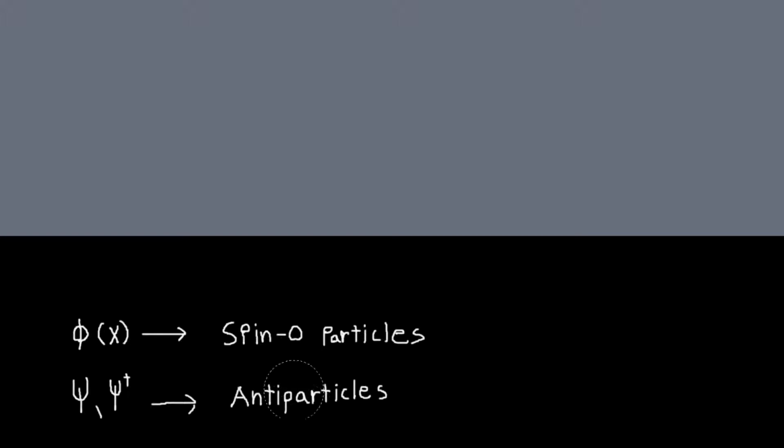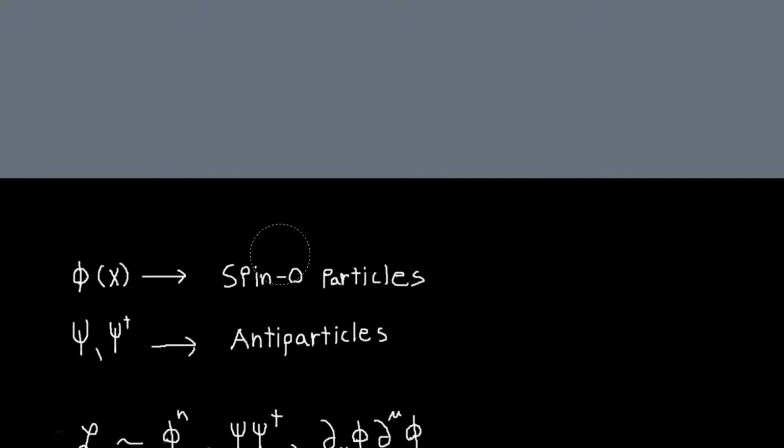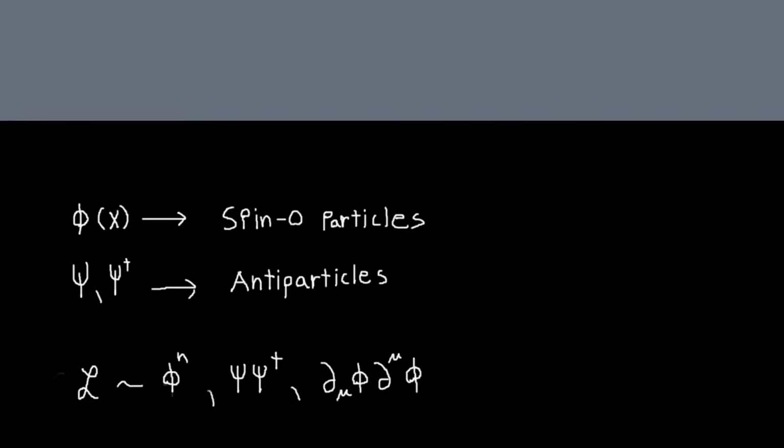And so there's kind of an indication that if we include different kinds of mathematical objects in our Lagrangian, we get more properties of our states. And one thing that was nice about these things is that they transform kind of nicely under Lorentz transformations.